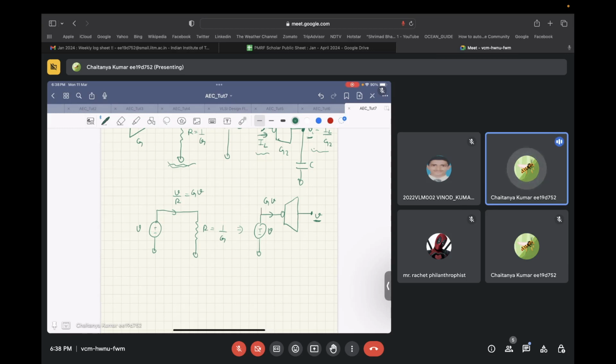So what if we directly short this over here? Will this work? Okay, correct. Because see, can there be any current that can flow in this direction?